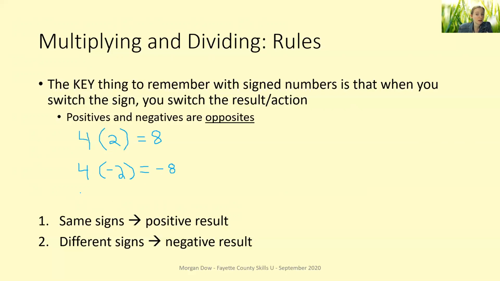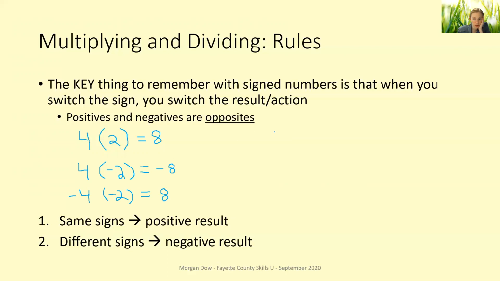Now, if I make another change, if I make my 4 negative, so I've changed the setup again, that means my result has to change. It can't stay the same from what it was in my last one. So I'm going to have to go from -8 to +8. So that's kind of where these two rules come from for multiplication and division.